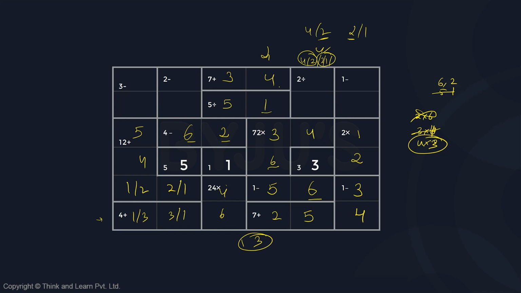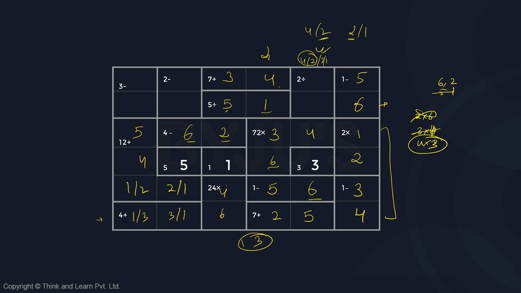Now look at this. Or you can fit this also. 1 2 3 4 is fixed. We are left with 5 and 6. Difference is 1. That is okay. But 5 is used here. So 5 cannot be used in this line. It has to be 6. This is also fixed.